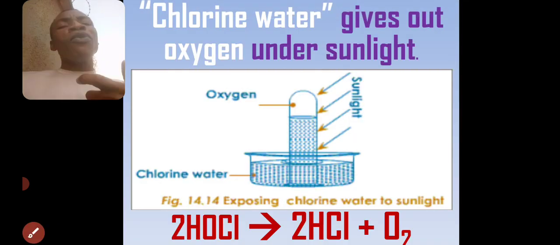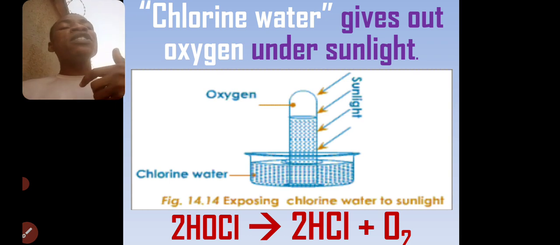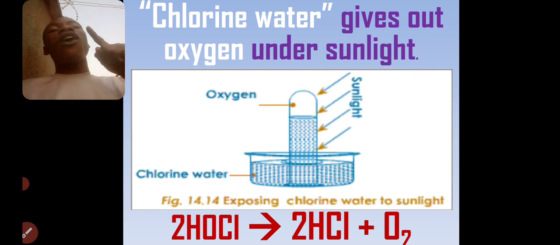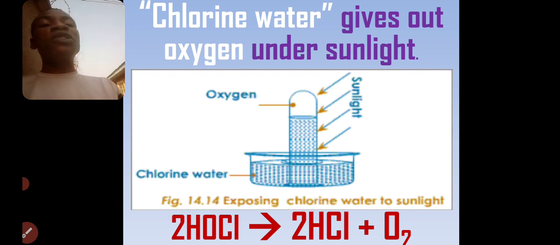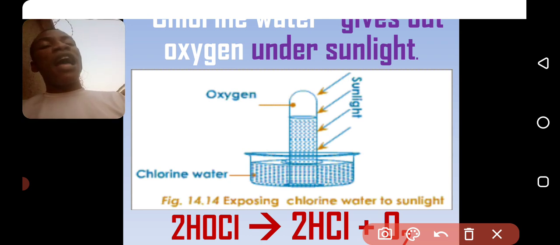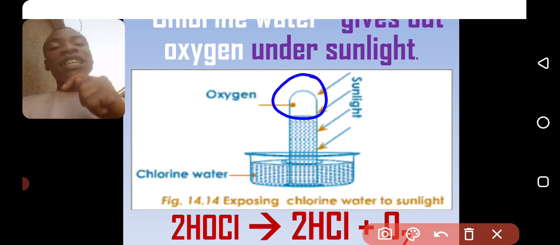Now this chlorine water, when you expose it to sunlight, decomposes to liberate oxygen gas, and that's what we are looking at in this diagram. Here contains chlorine water. When you expose it to sunlight, it will decompose the chlorine water and give out oxygen gas.